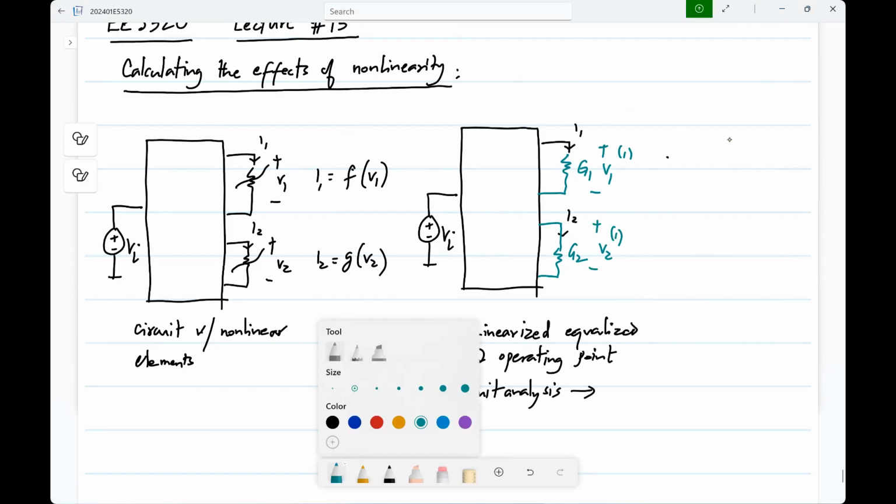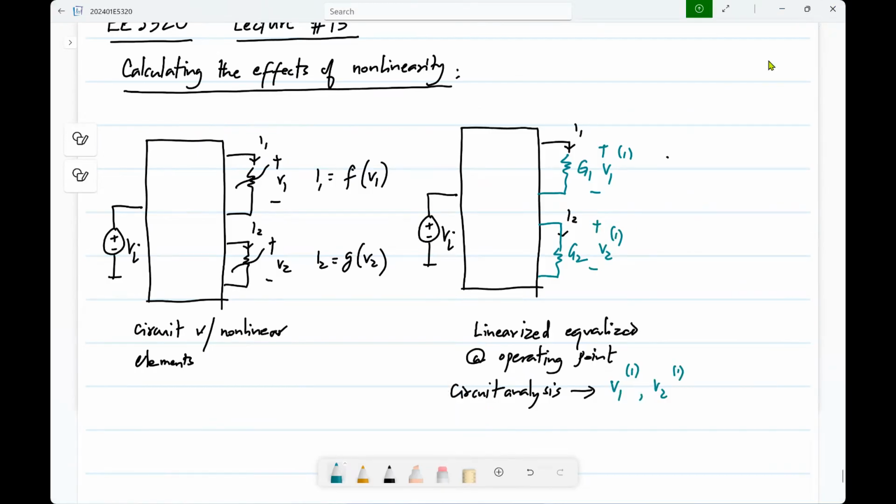So this will give you V1 of 1, V2 of 1. This is the conventional linear circuit analysis. Okay. And from this, for each element, this is basically the first step.